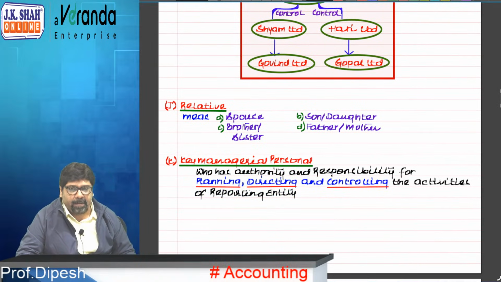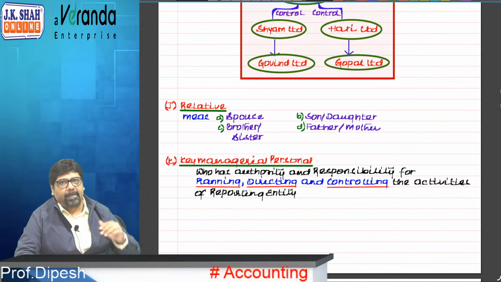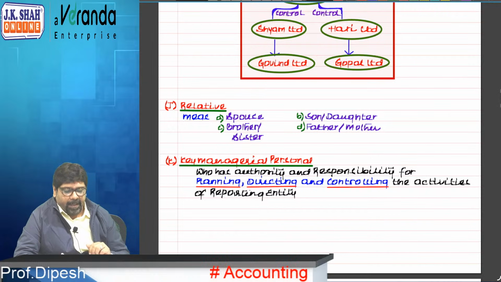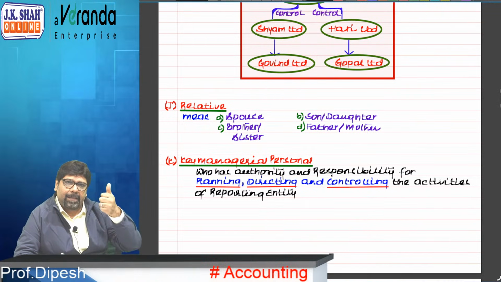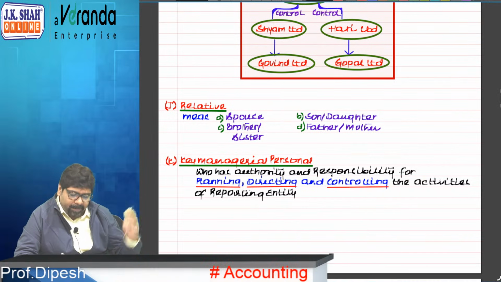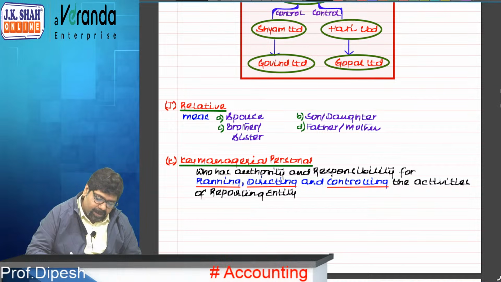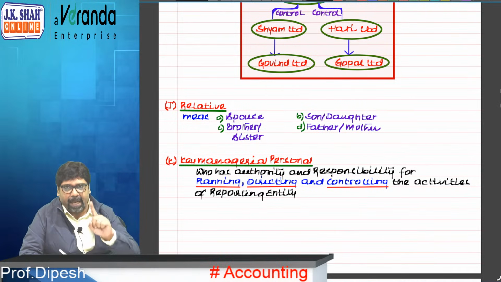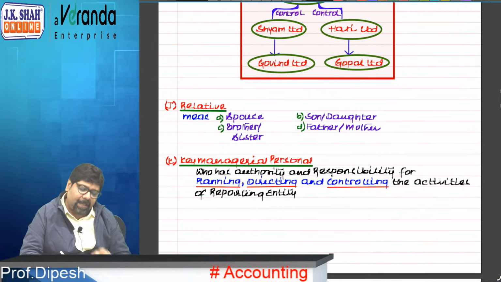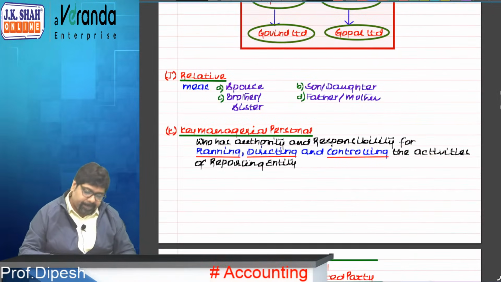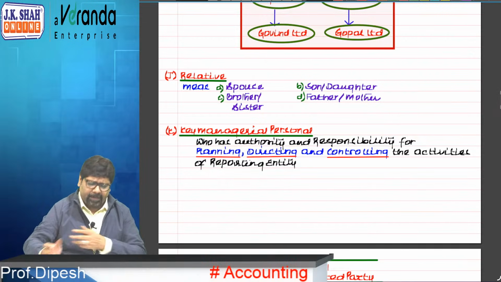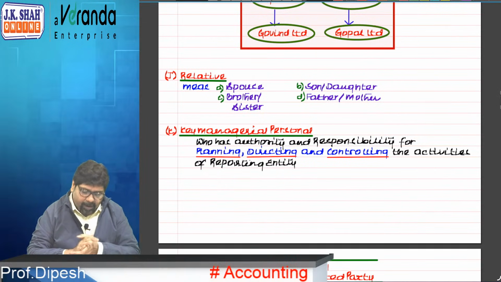Relative means spouse, brother, sister, son, daughter, father, mother, meaning husband or wife, kids, siblings, parents. Key managerial person has the authority and responsibility of planning, directing and controlling the activities of the organization.